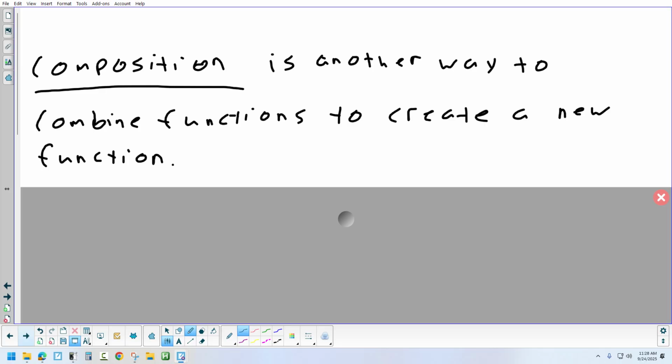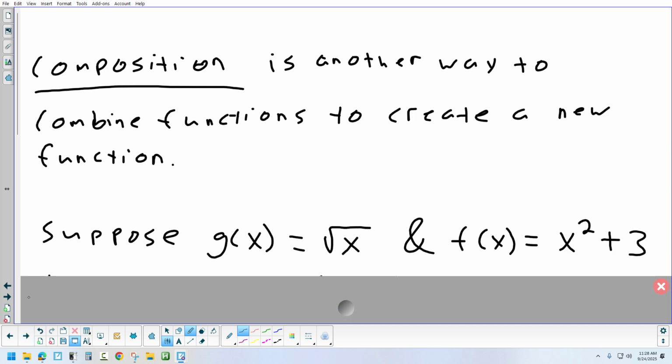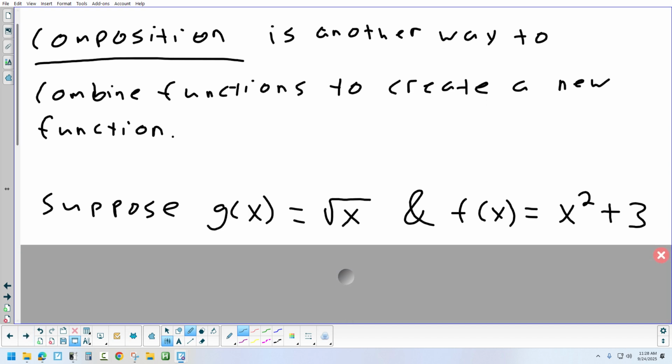The idea of composing functions is taking one function and plugging it into another function. That's what composition is. So I'm going to show you an example, and then we'll go through how you do it.